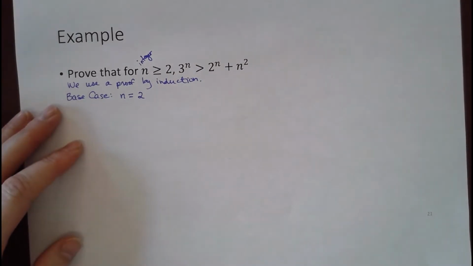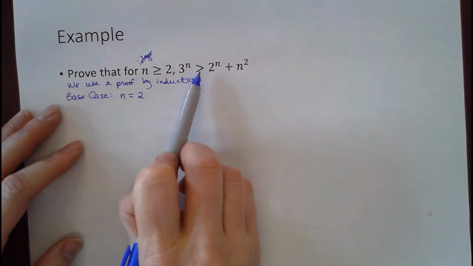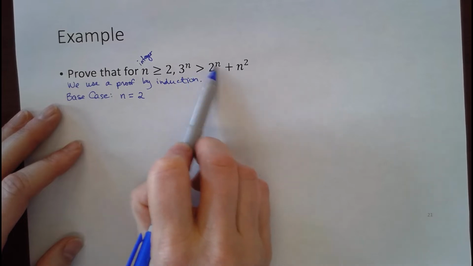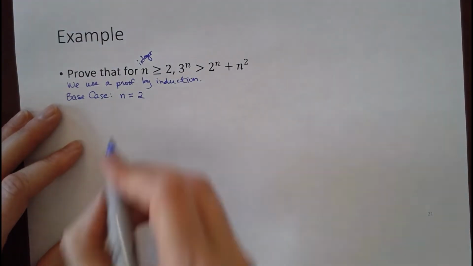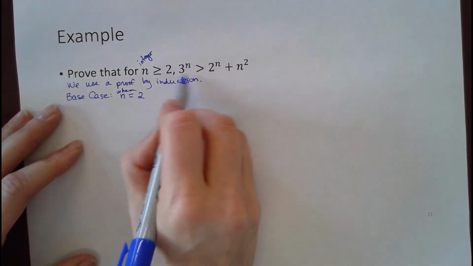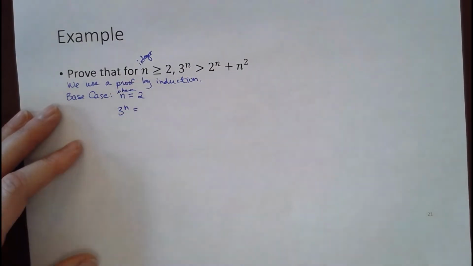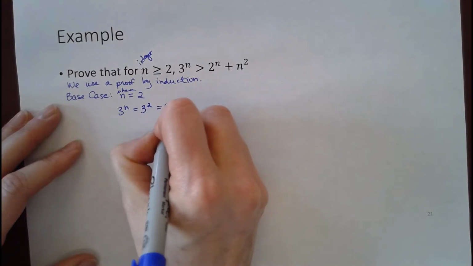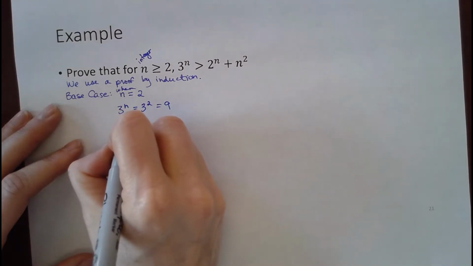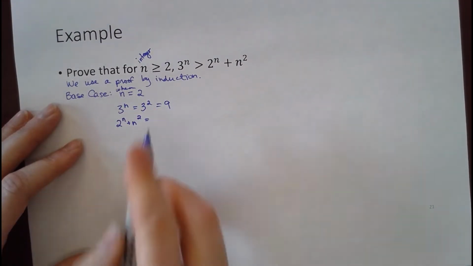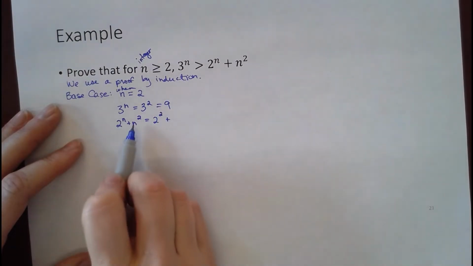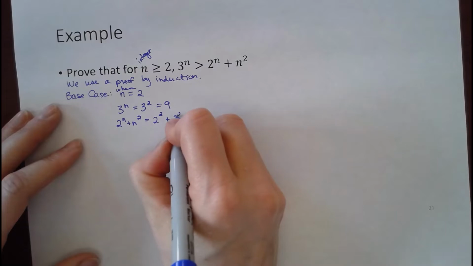All right, and so what we want to do is verify that the left side of the inequality is actually greater than the right side. So when n equals 2, the left side, 3 to the n, will be 3 squared, which is 9. And the right side, 2 to the n plus n squared, if n is 2, that's going to be 2 squared plus 2 squared again.